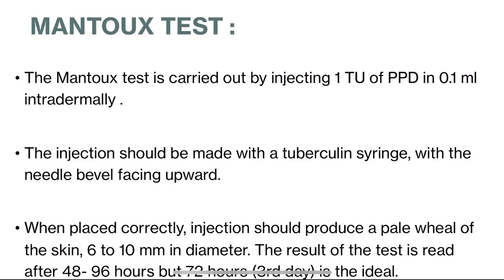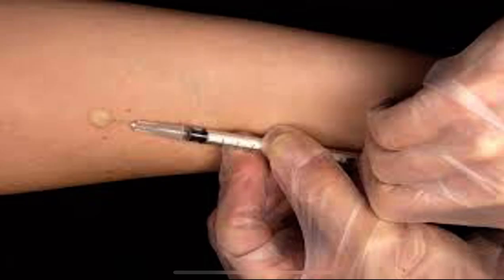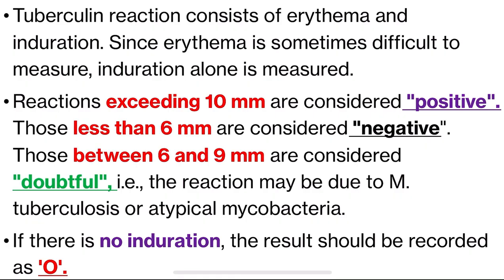The result of the test is read after 48 to 96 hours, but 72 hours is the most ideal time. So we saw in the picture the wheal which is produced on the skin, and the result is seen after 3 days. The tuberculin reaction consists of erythema and induration.